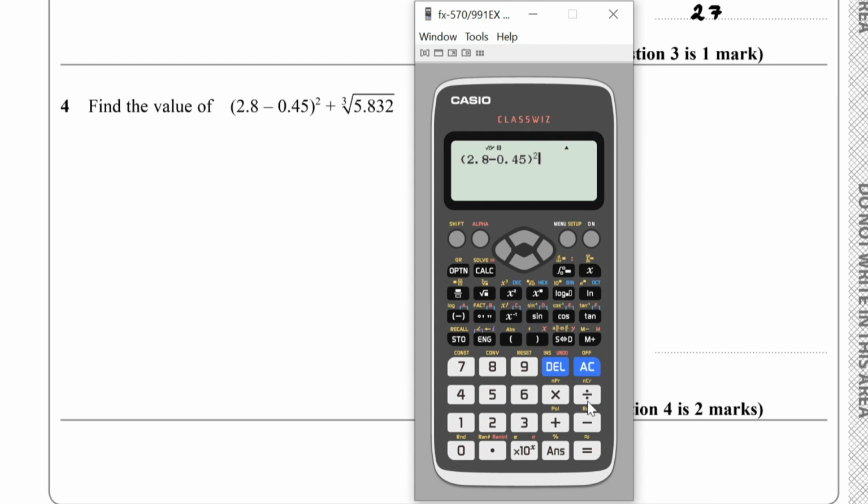Then we want to square this and then add on the cube root, so we press shift and then the square root button on this particular calculator. Then 5.832, and if I press S-D it turns out we get 7.3225.